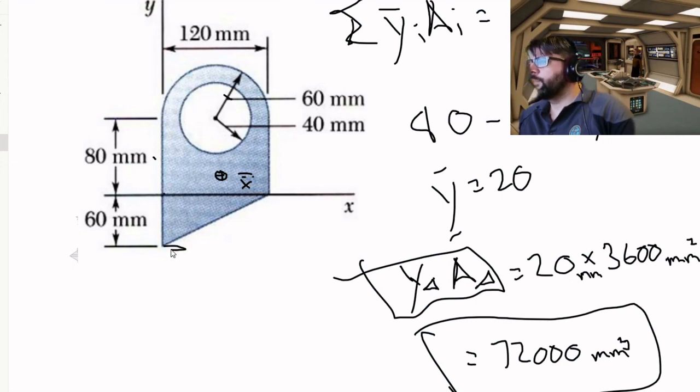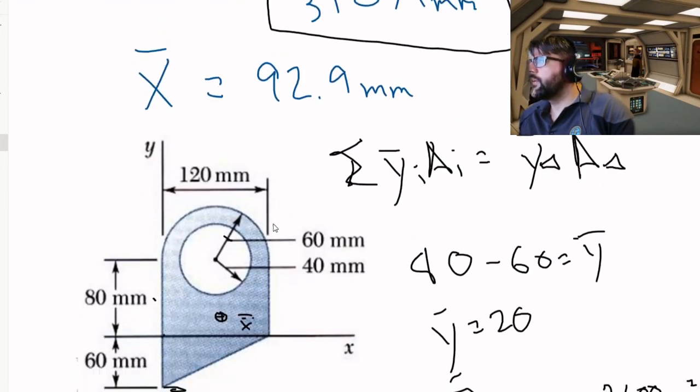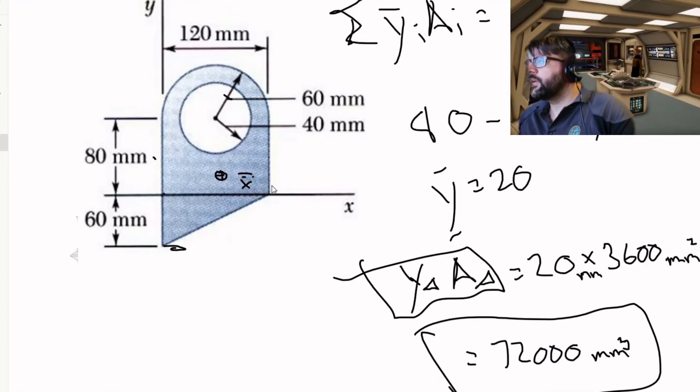Measured from down here, it was 92.9. So subtract the 60 millimeters from that. So our x bar is going to be, why am I starting to write 9 again? 39.2 millimeters.